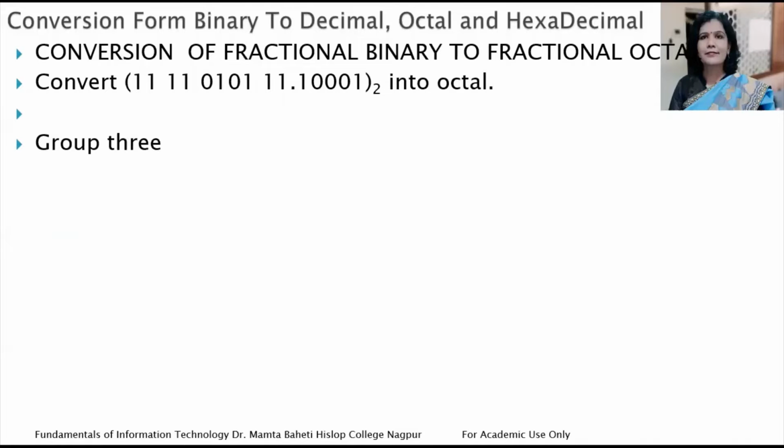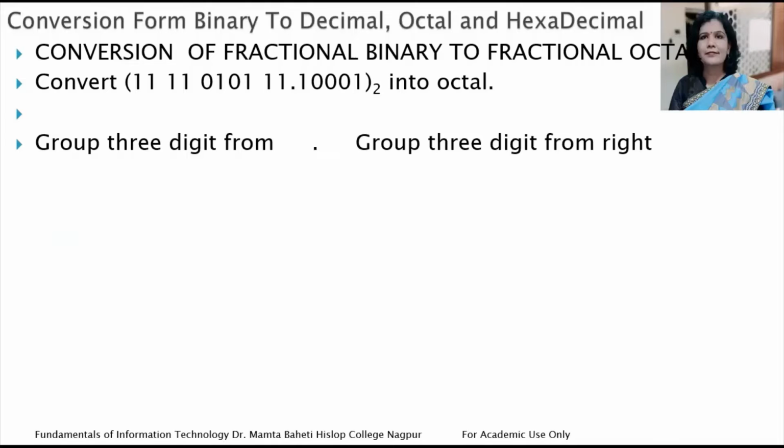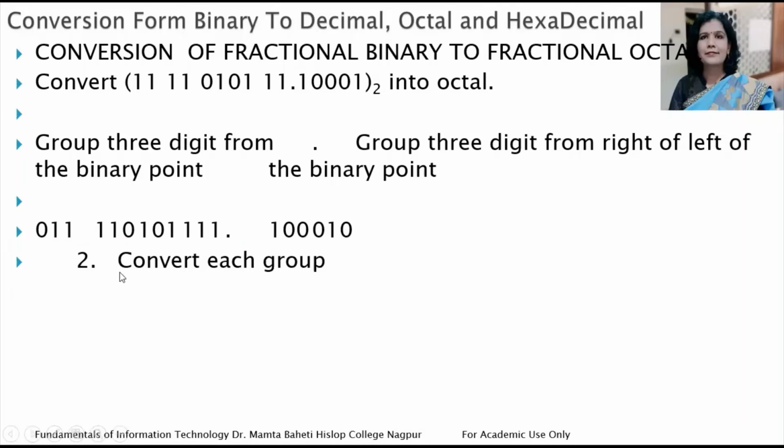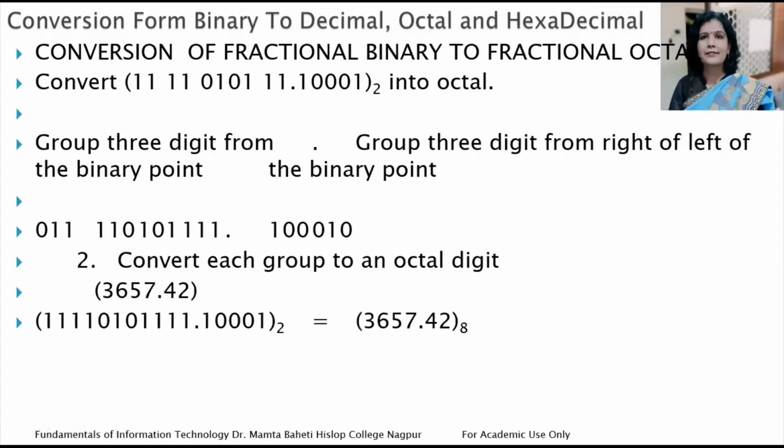Same here. Group the 3 digits from right to left before the point, and from left to right after the point. Okay. So suppose the number is 0, 0, 0, 0, 1, 1, 1, 0, 0, 1, 0, 1, 1, 1, 1, 0.1000, 0, 1, 0.